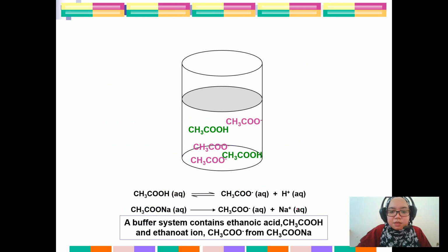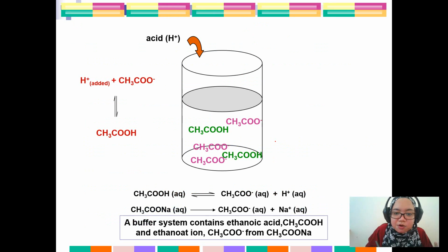Okay. So dekat sini you know, kita tengok dalam bentuk rajah. Okay, so you know buffer solution is made up of weak acid, contohnya acetic acid here, and its conjugate base of the salt, CH3COO minus ethanoate ion. So bila kita letak acid, yang akan reactnya adalah this guy. Okay, so this guy akan consume H plus yang ditambah tadi tu untuk form acetic acid balik. So pH tak beza sangat.